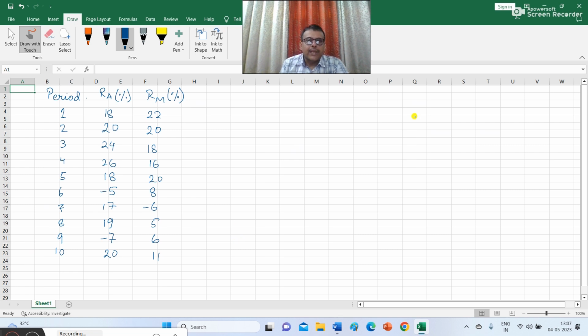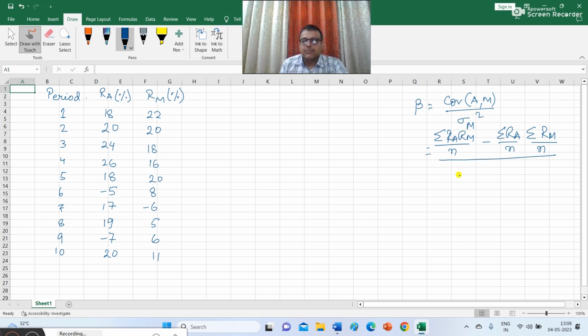In order to find out the value of beta, beta is equal to COV of AM divided by sigma m square. So beta is equal to summation of RA RM by N minus summation RA by N multiplied with summation RM by N, divided by sigma m square.